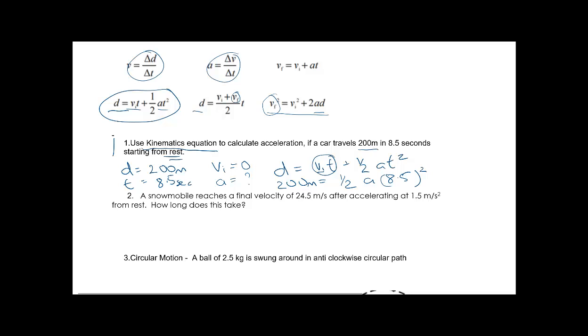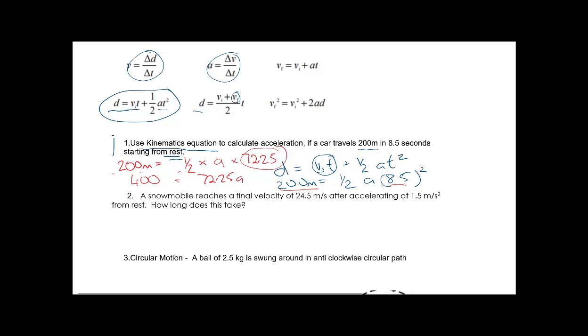Remember you've got to square this initially. Now, I've just rewritten this over here. So it's still 200 meters equals half times acceleration times 8.5 squared. That's what that is. We're multiplying by half on this side, so we divide 200 by half, which equals 400, equals 72.25 times a.